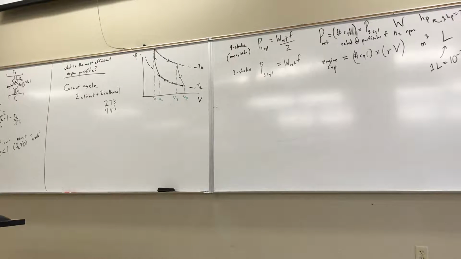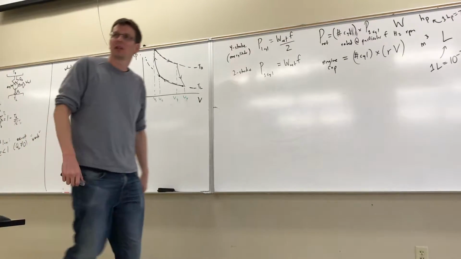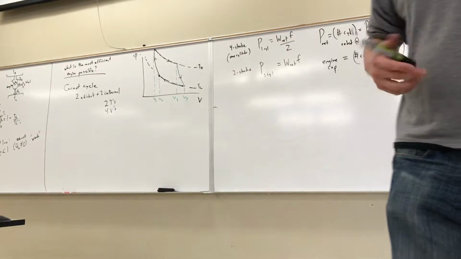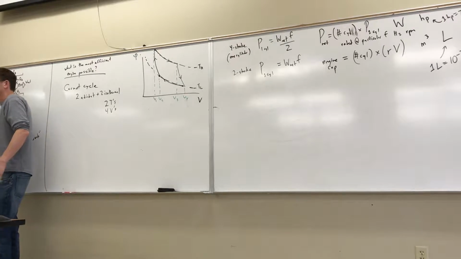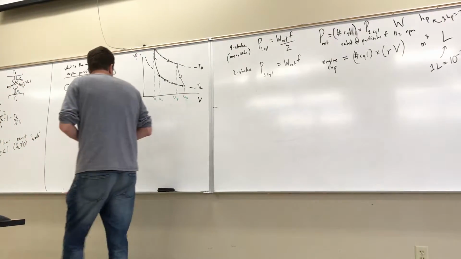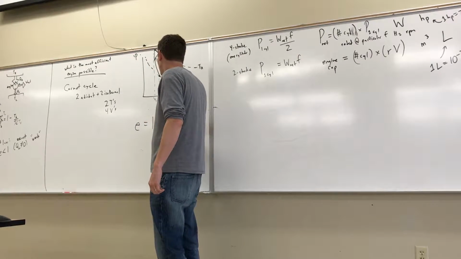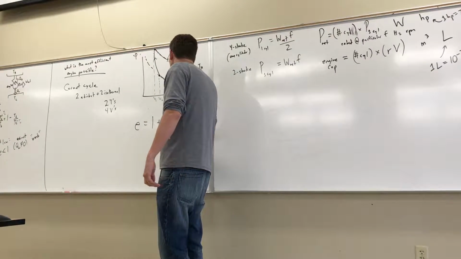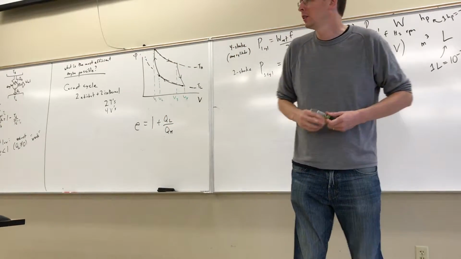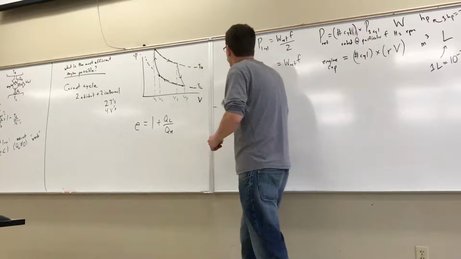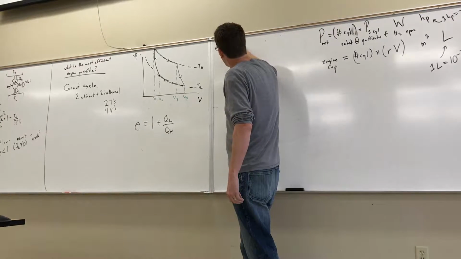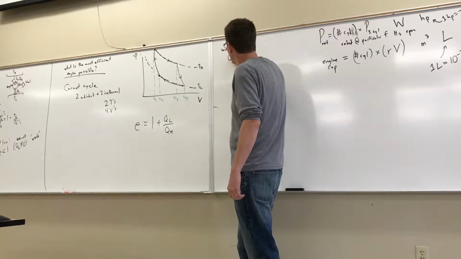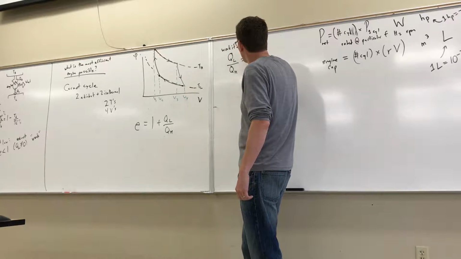So how would you attack this? I'm not going to have a chance to do the play-by-play, but all you did during homework 7 was learn how to compute heats and works, and so you could figure them out. And then when you put them in here, net work over QH, or let's use the second form, efficiency is 1 plus QL over QH. Of course, if you worked it out with numbers, you just come out with a number, but if you worked it out symbolically, you would find that QL over QH comes out to be this.